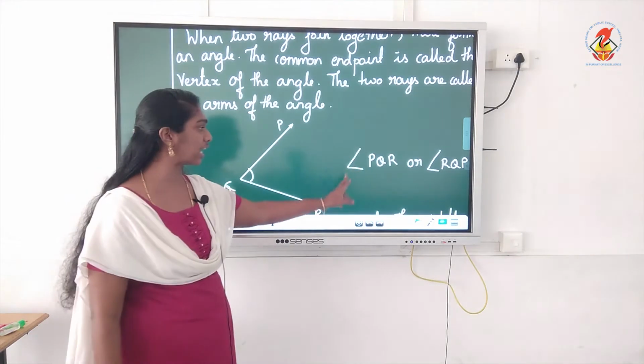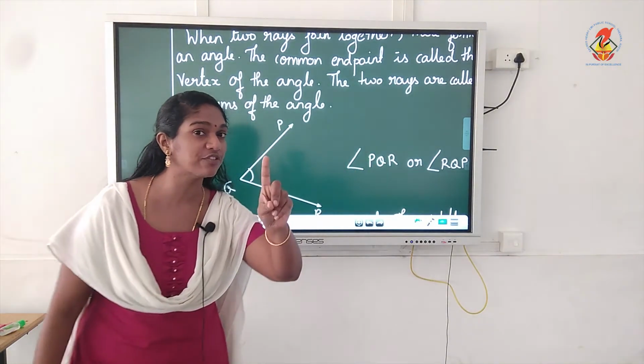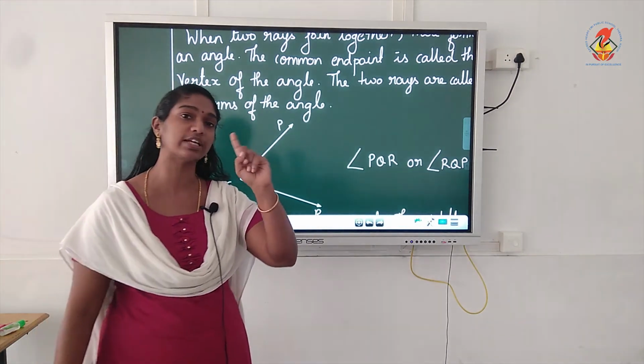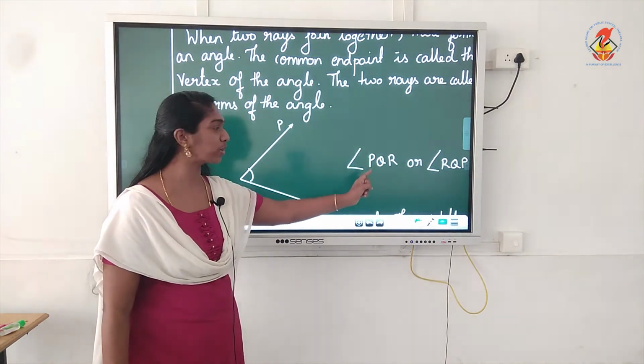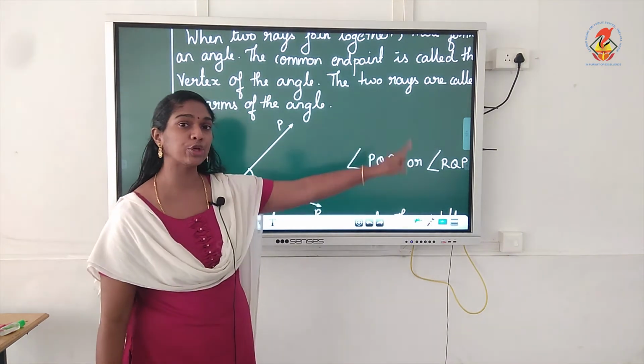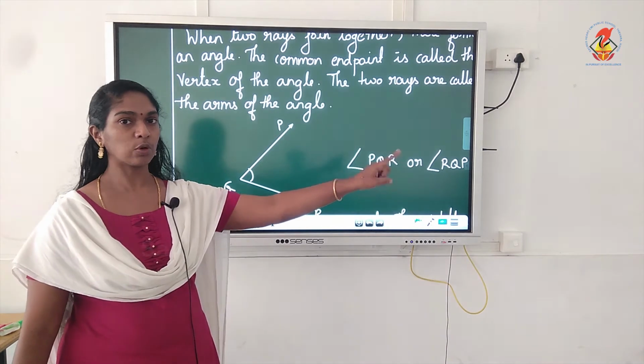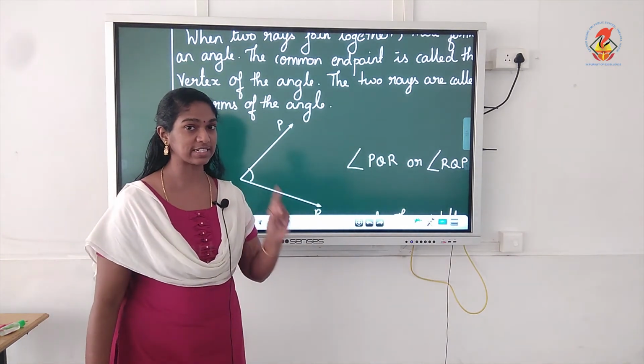Angle, you can read it as angle PQR. Q is the vertex, so the vertex letter should be the middle letter. Okay, angle PQR, or you can read it as angle RQP. Q has to be the middle letter. That is very important.